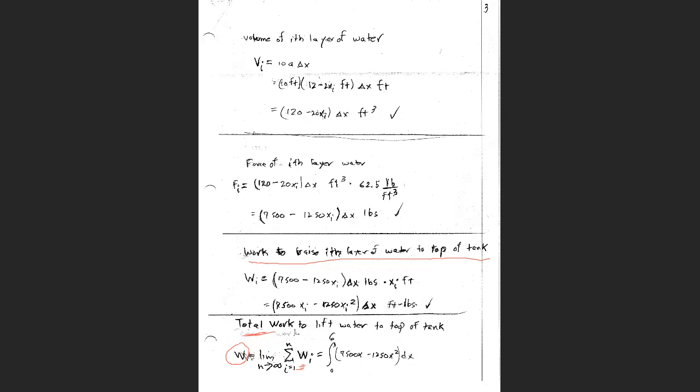And then you'll let n go to infinity. So in the limit, you look at a lot of very thin layers of water, and you're going to get an integral. The Riemann sum becomes an integral. It's going to become this integral.